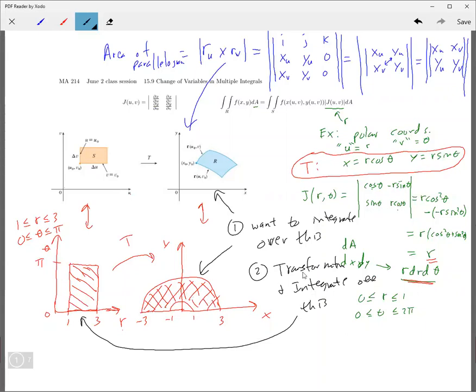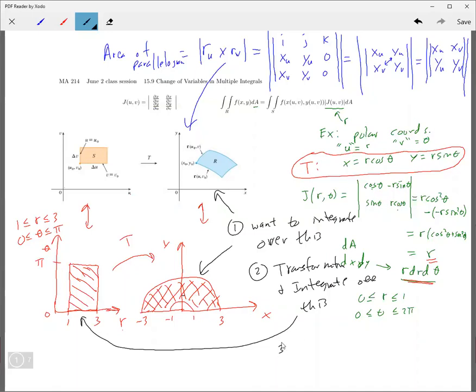So you do a transformation, and instead of integrating over this, you integrate over that. In this case, this is a rectangle, which is one of the easiest regions to integrate over if you're doing a double integral. This one right here is not so easy. If you're going to try to go in x and y, this is going to be pretty difficult.